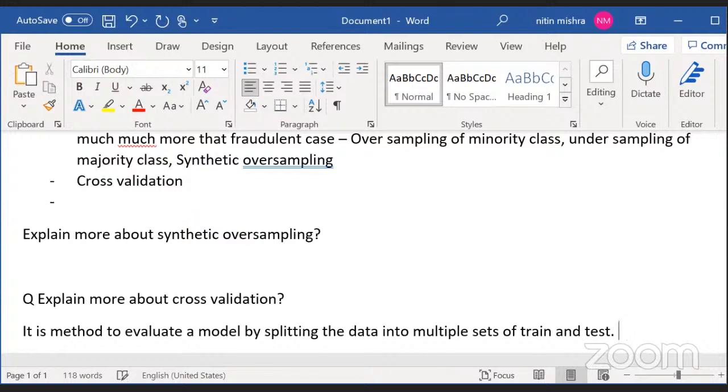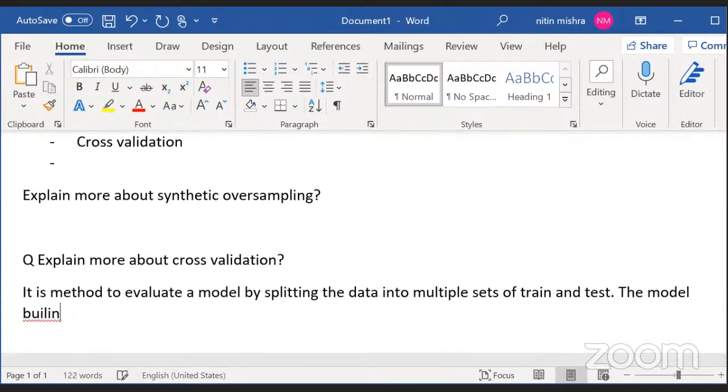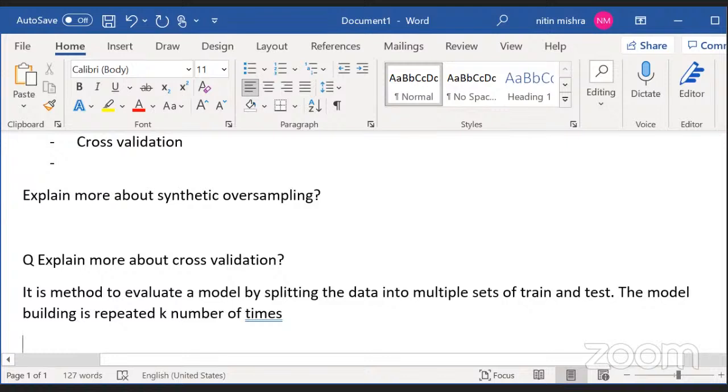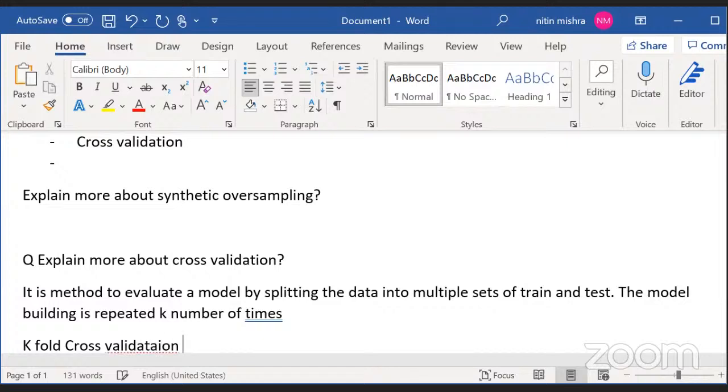K number of times. You may go a step further by saying K-fold cross validation is the most popular method.